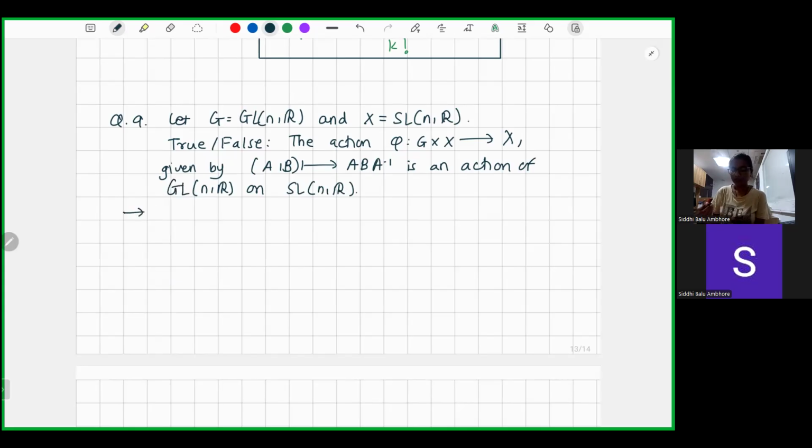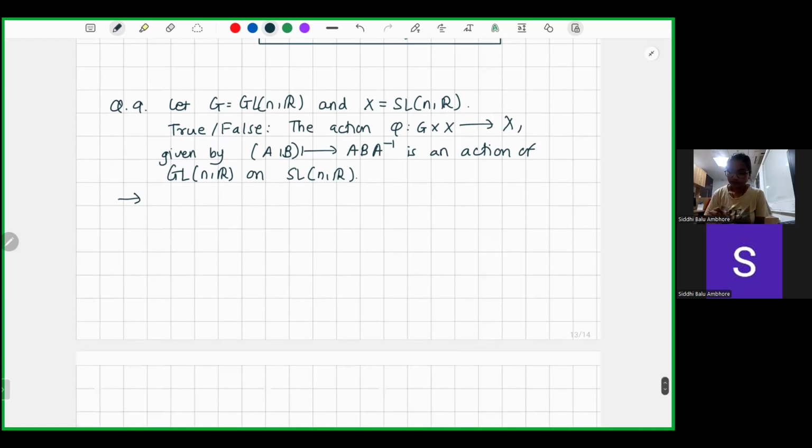Okay, so we have to just check again those two conditions which we have in order to check whether the given map defines a group action or not. So again, let me write here: G is GLNR and X is SLNR.